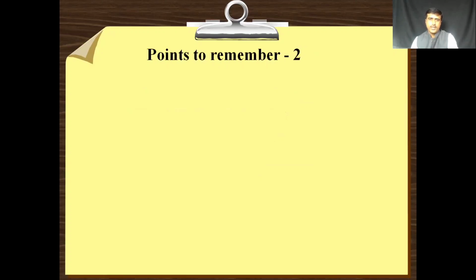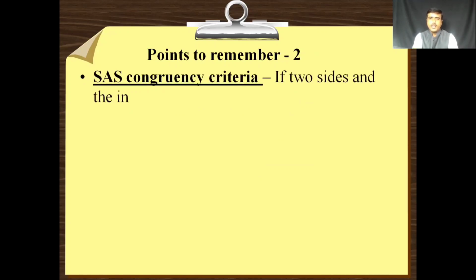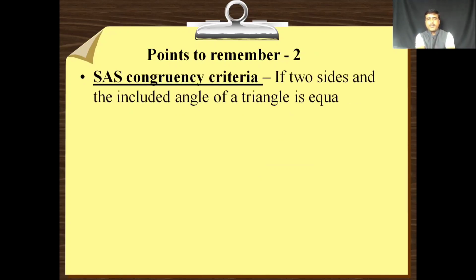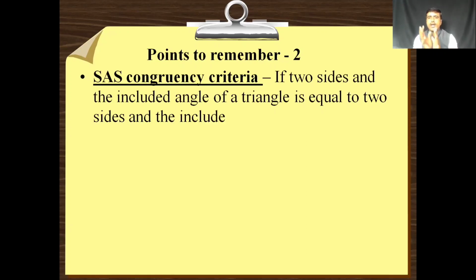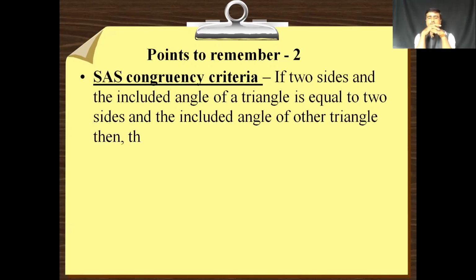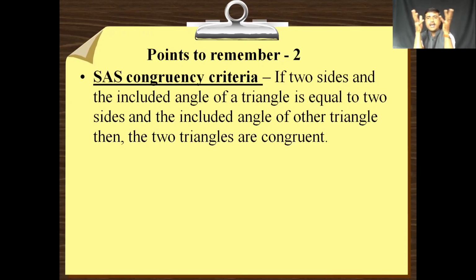So here also we need to know about congruency, which is nothing but the SAS congruency criteria, which says if two sides and the included angle of a triangle are equal to the two sides and the included angle of another triangle, then the two triangles are congruent to each other.